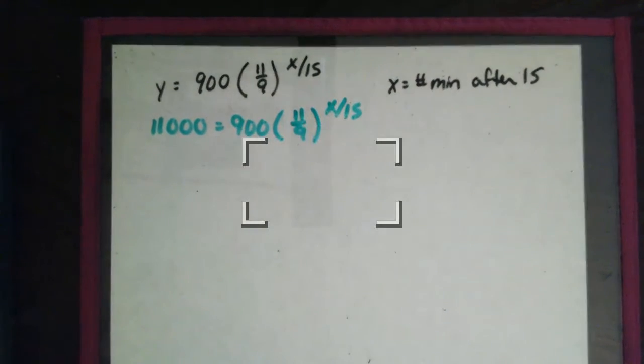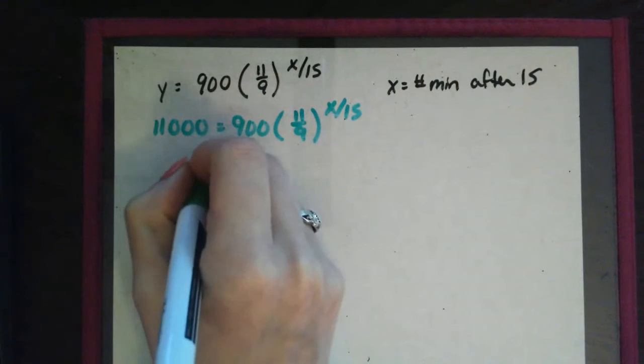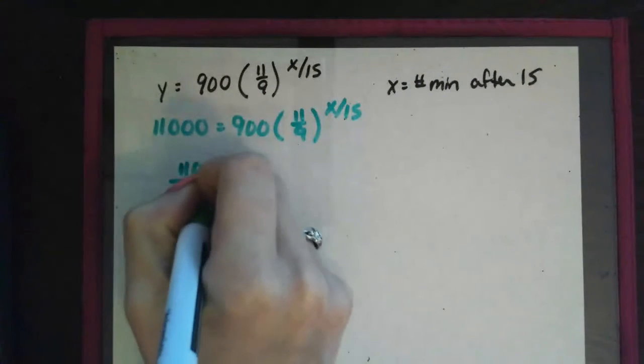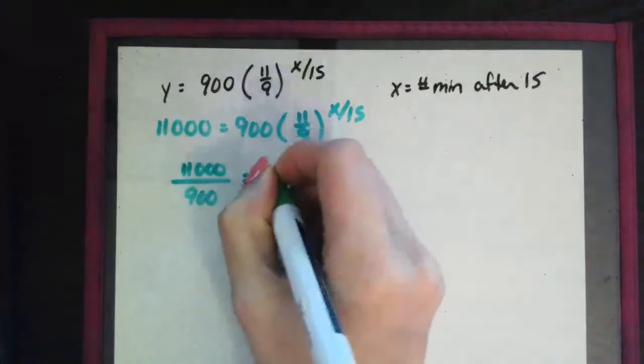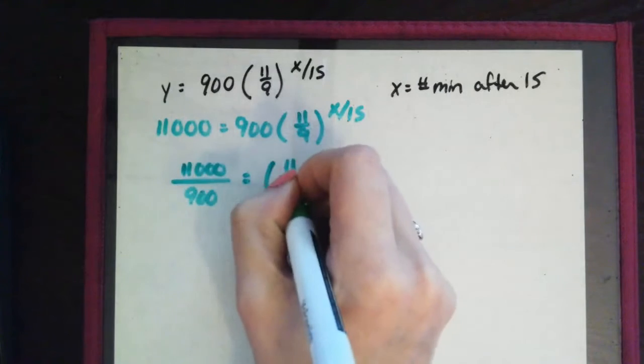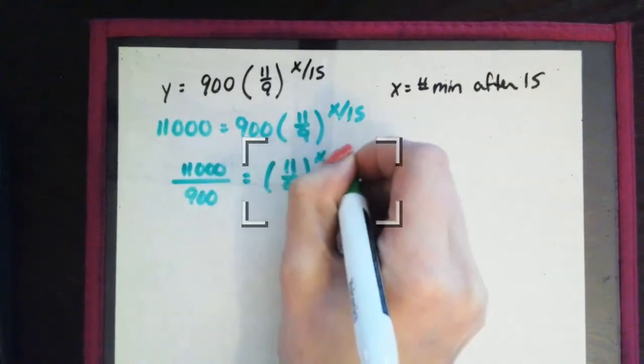I can divide both sides by 900, and that'll give us 11,000 over 900 is equal to 11 ninths raised to the x over 15 power.